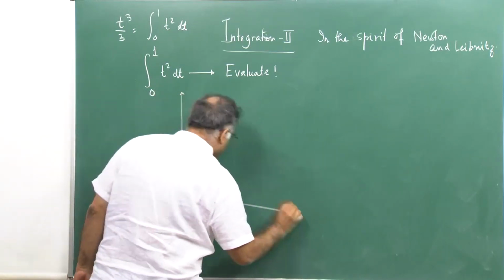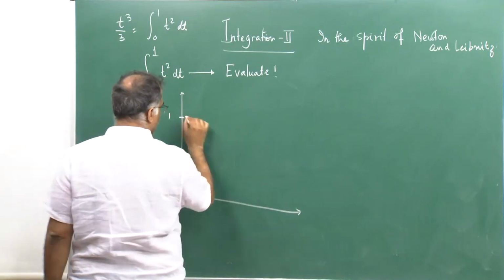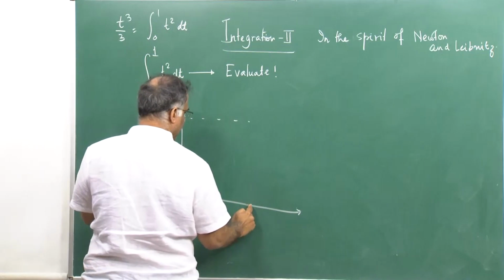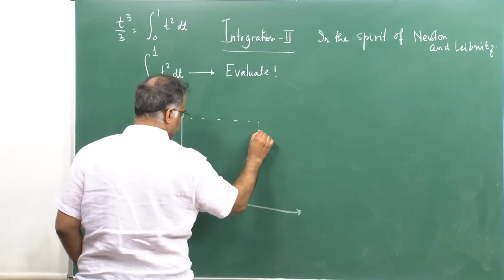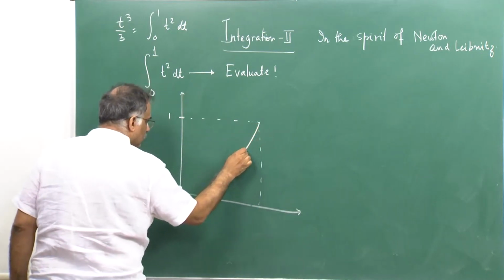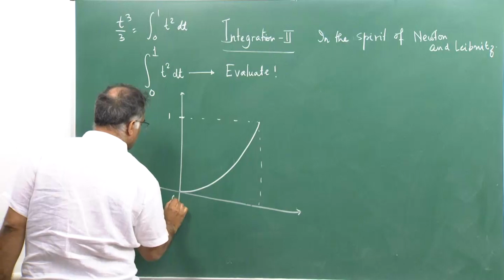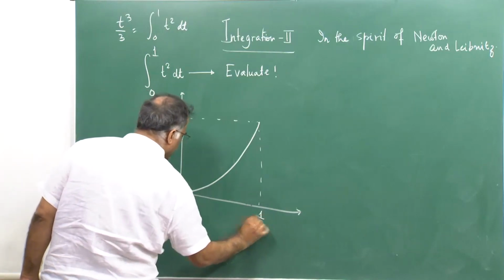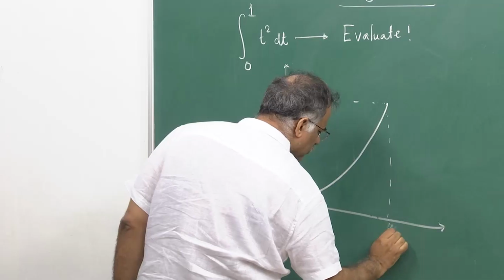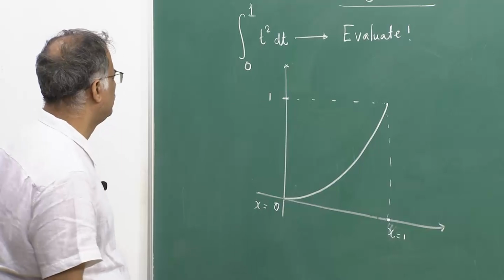So, here I am looking at a part of the graph y equal to x square. This is 1, say, and this same length, this is 1. So, this is 0 and this is 1. This is y equal to x square.